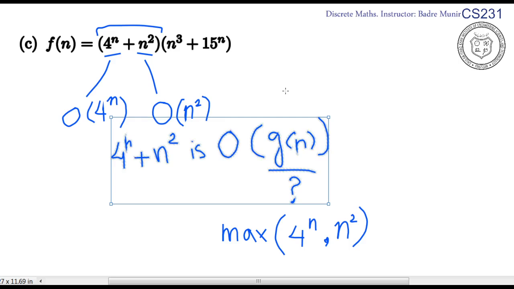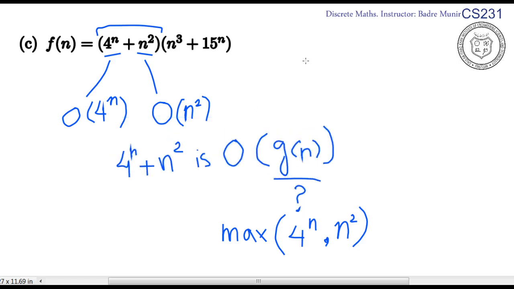Now earlier we saw that for a positive d, any power function of this form n raised to power d is going to be the big O of the exponential function given by this form b raised to power n, where b is greater than 1.